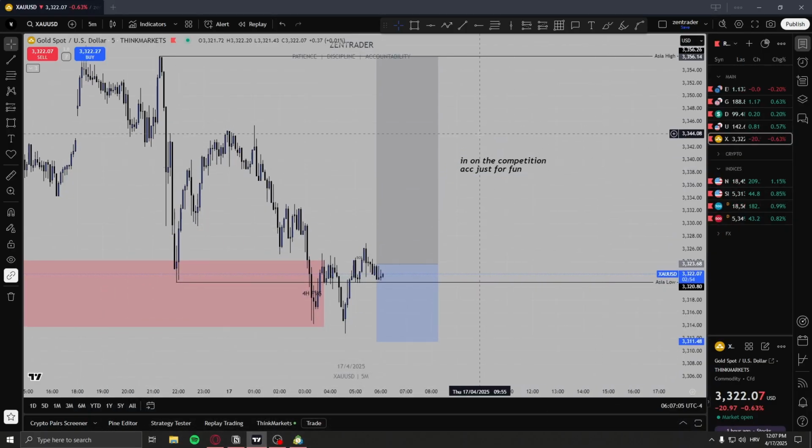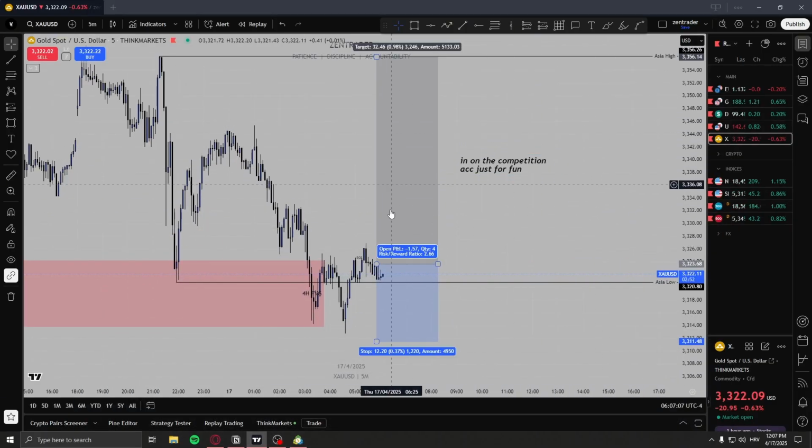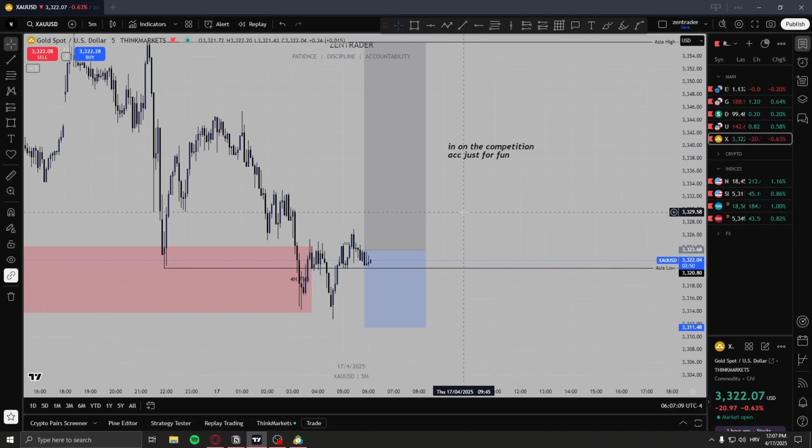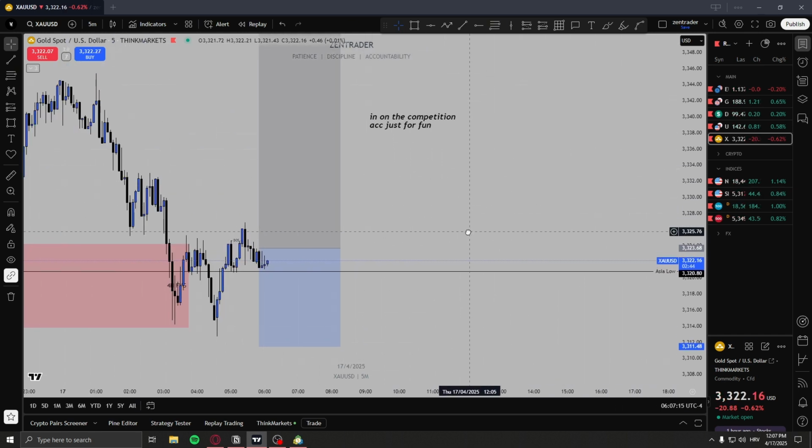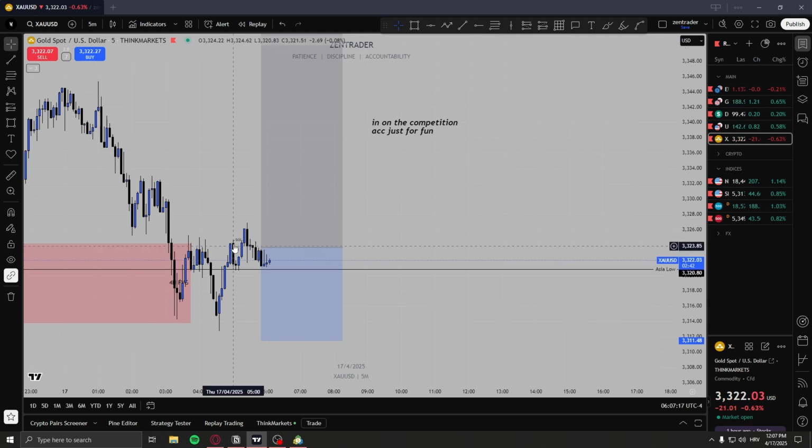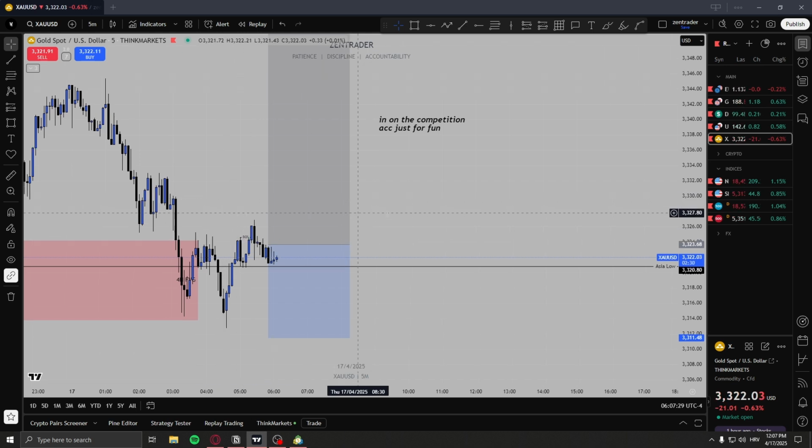So let's go. This gold trade, I didn't execute it on my 6K account, the fresh one that I copied yesterday, because the entry, as you can see, happened after 5 a.m. New York time, which I do not like. I like to enter any trade up to 5 a.m. After that, I do not want to even look at the chart anymore.